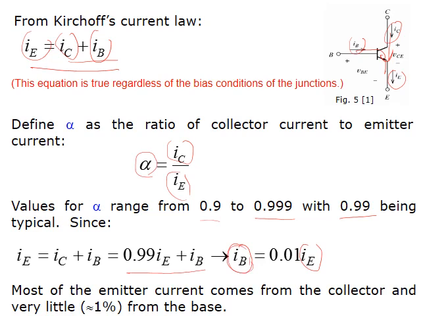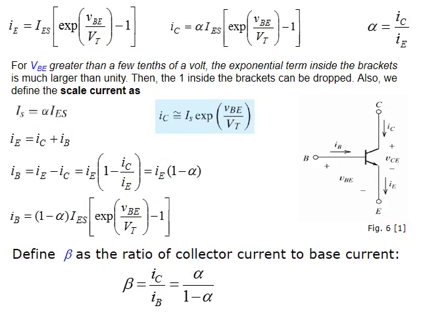It seems I base is a small fraction of I emitter, because it's 0.01 or less even. Now if I use the same Shockley equation for I collector, which is I emitter times alpha, then we have this formula.